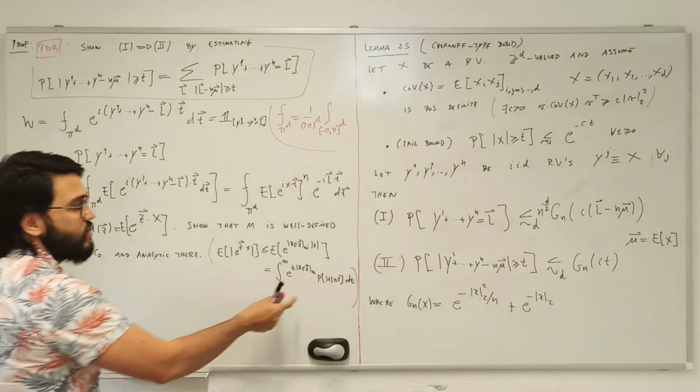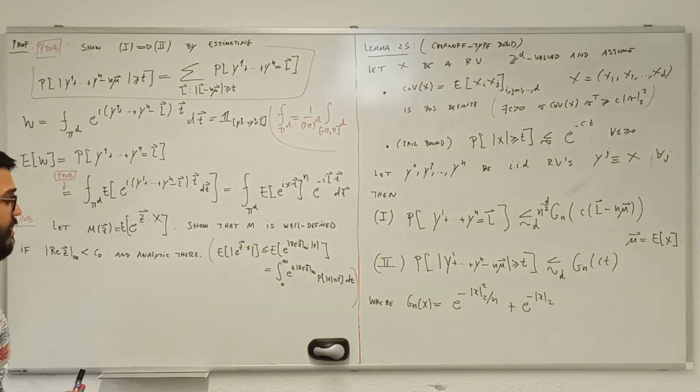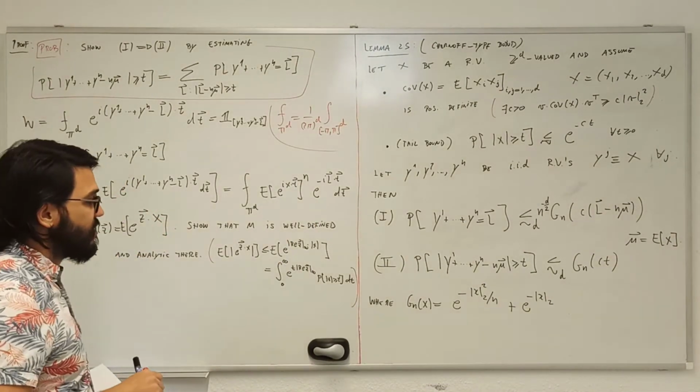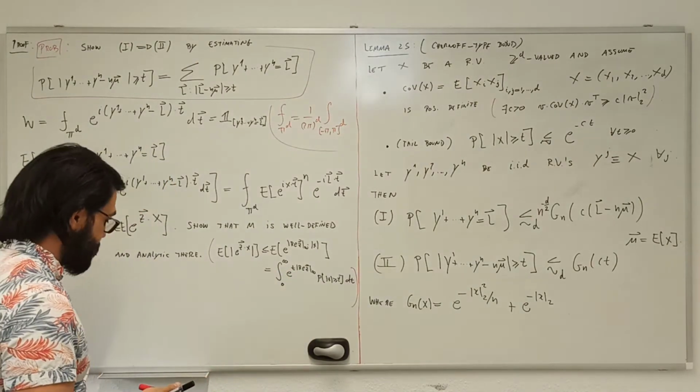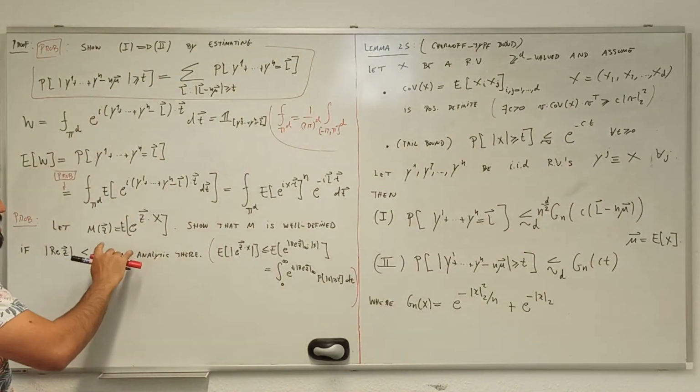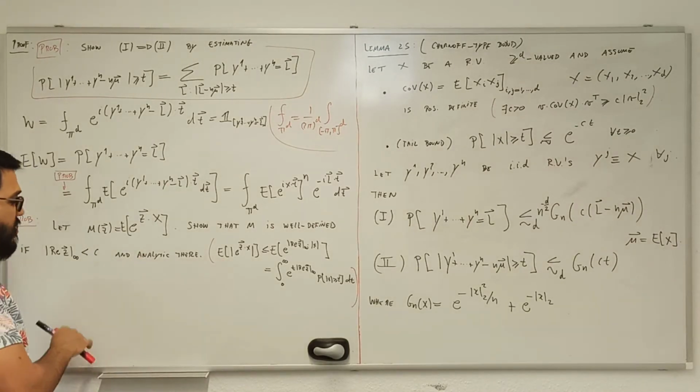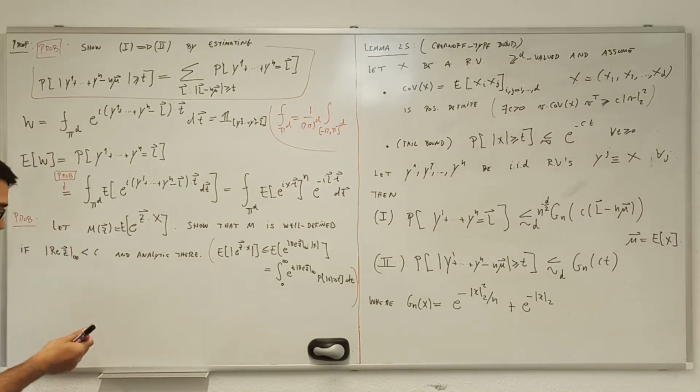Okay, and then you use the bound. This is not supposed to be C, right? Change that to C. In the end, you only need this to be true for real parts sufficiently close to 0, so if it's a C, it's okay.